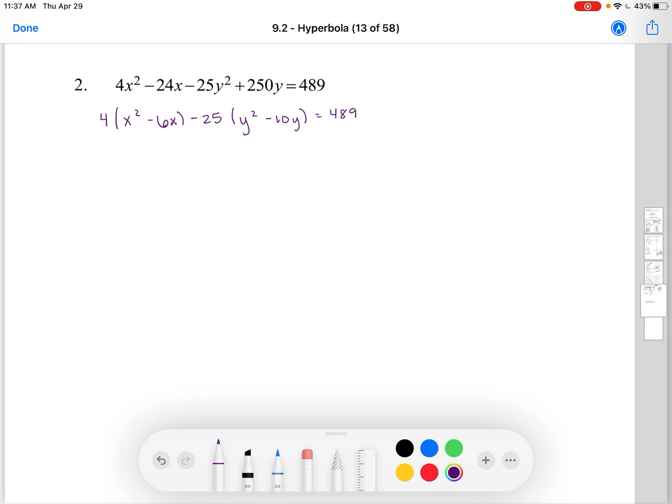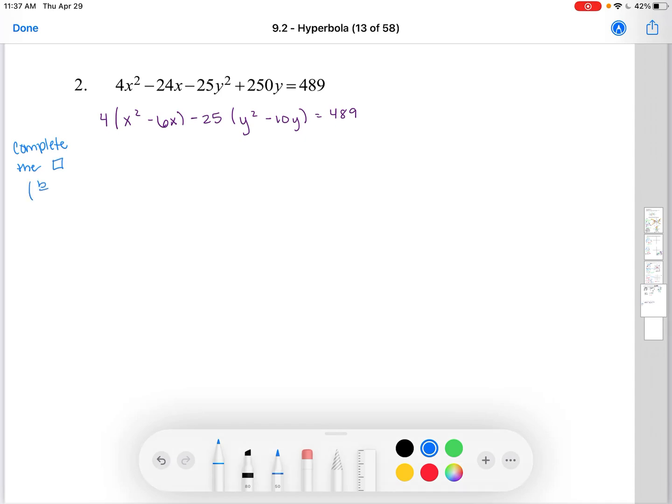That 489 is a weird number. Yes, you are seeing that connection. So that 489 is going to change down the road here in just a minute. Right now I have an x squared minus 6x in parentheses and a y squared minus 10y in parentheses. Well, in order to get those parentheses to go for me to find my actual center point, I need to complete the square.